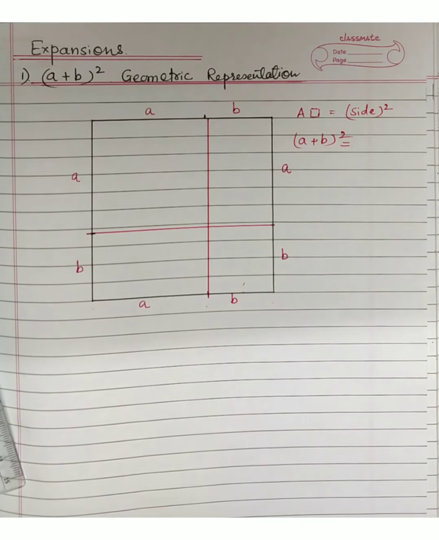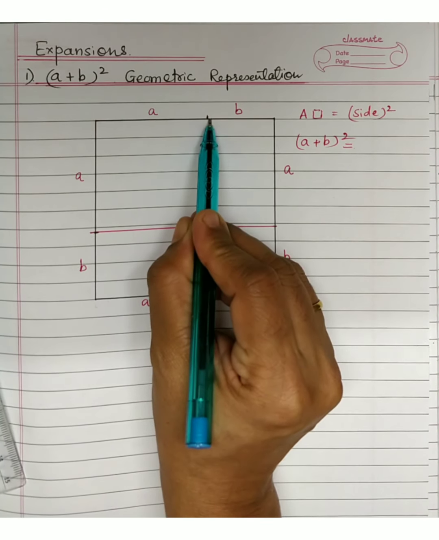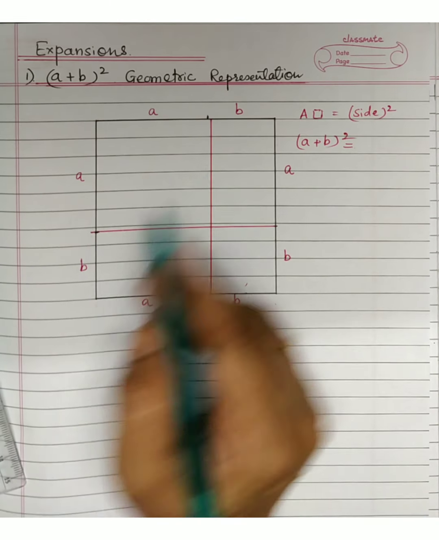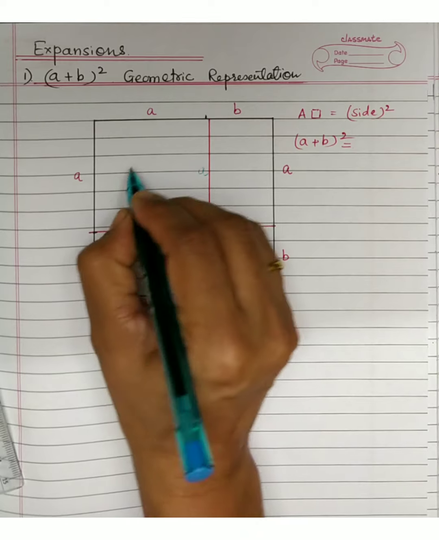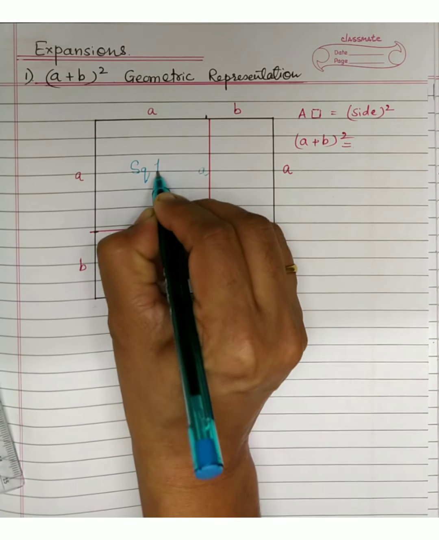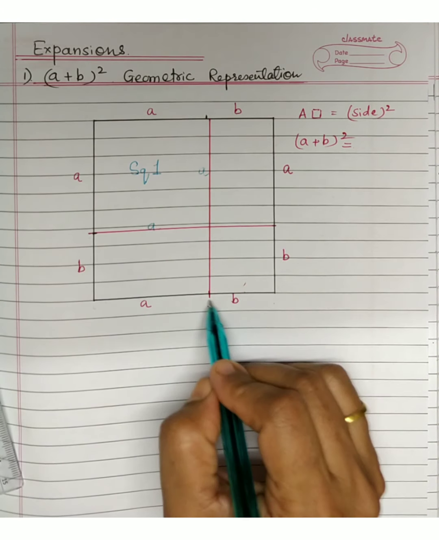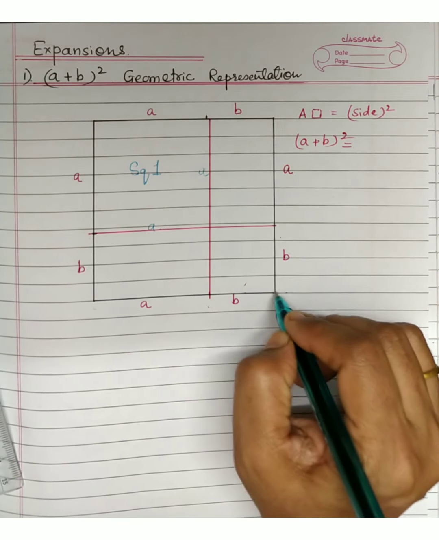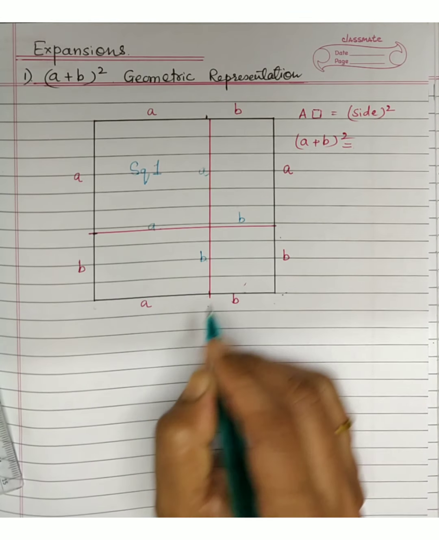Look at the first part over here. What is this length? a. This length also is a. So what we have got is square 1 here. Look at this another square formed here. This length is b, this length is also b, so obviously these two lengths will also be b.